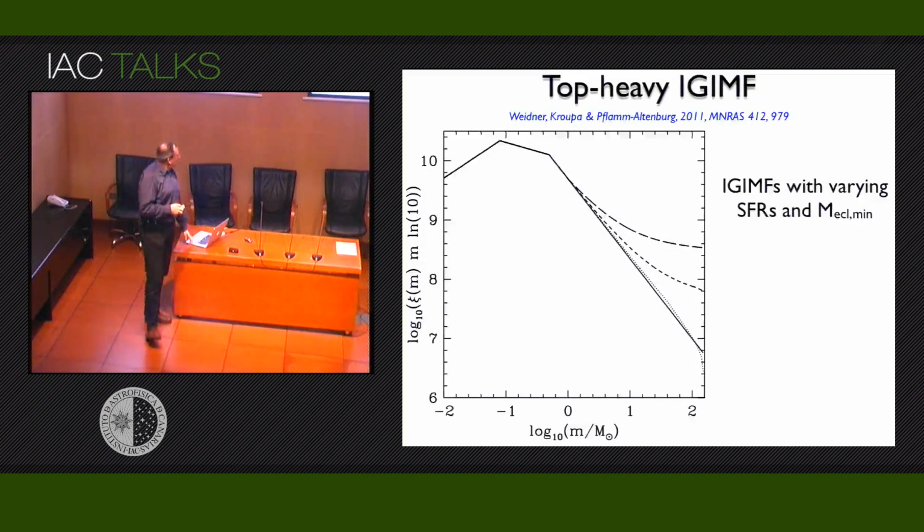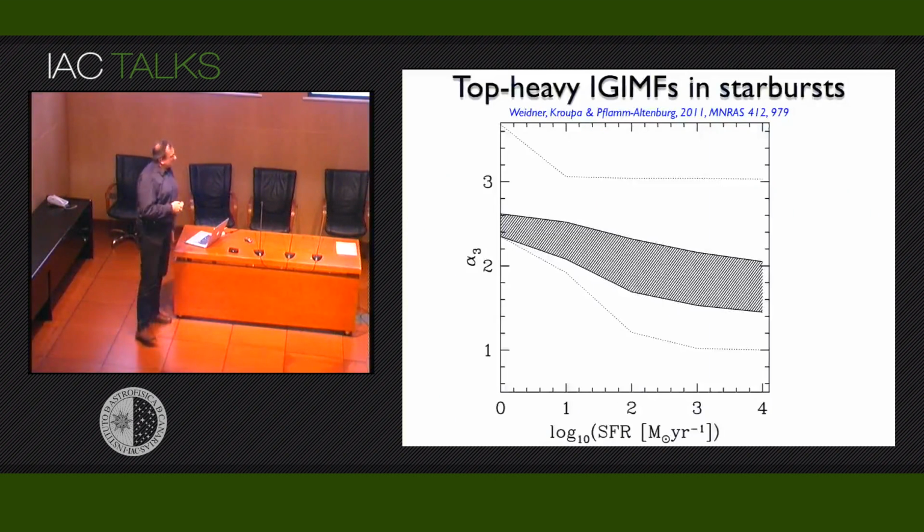And when you include this kind of calculation into our model, then you can actually get, instead of the normal Kroupa IMF, top-heavy IMFs for very high star formation rates. And this is the whole range of, depending on the star formation rate, you get different slopes for stars above 1 solar mass.